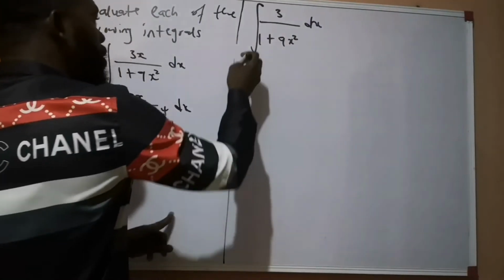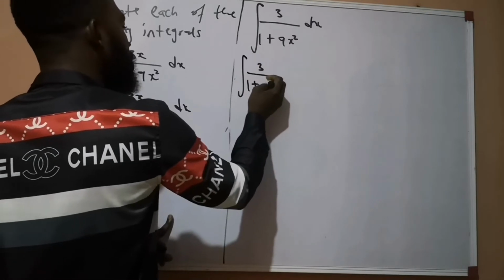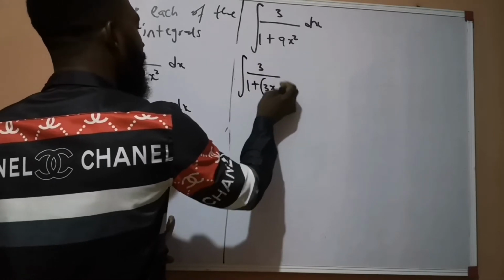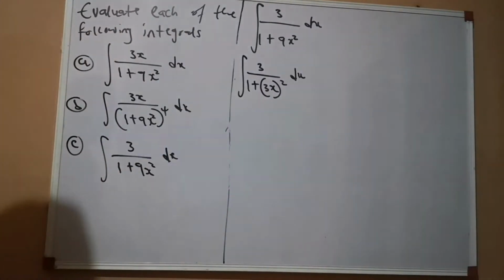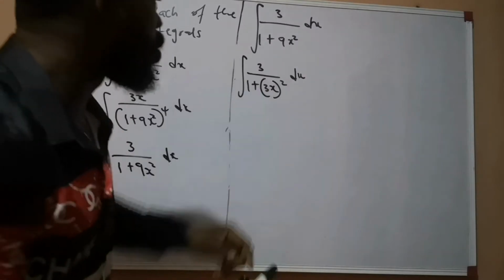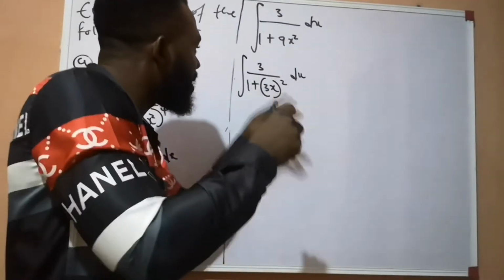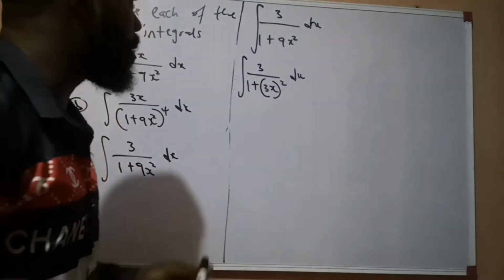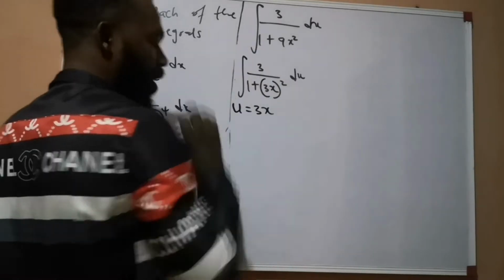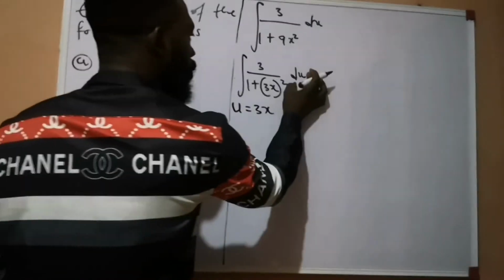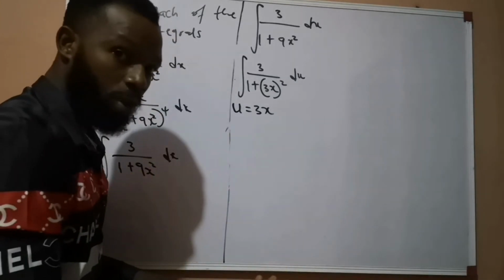Now here becomes the integral of 3 over 1 plus 3x all raised to the power of 2 dx. At this junction, our u will be the one inside the bracket. What is inside the bracket? 3x. So u is equal to 3x. Now, the next thing we're going to look for is du. And how did I say you solve for du? By differentiating the function u equals 3x.